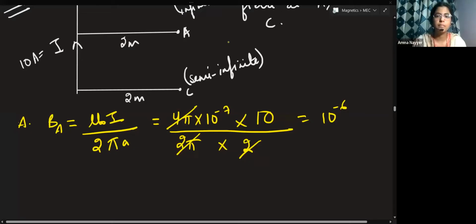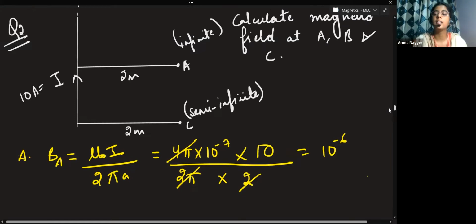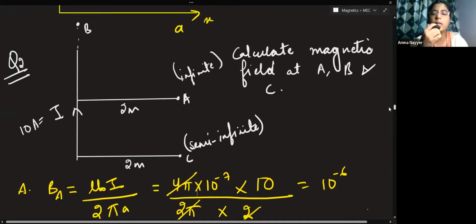So the thumb gives the direction of the magnetic field. Magnetic field is pointing where? Magnetic field is leading outwards. All right. So in this case, if you will see, it will lead you where?